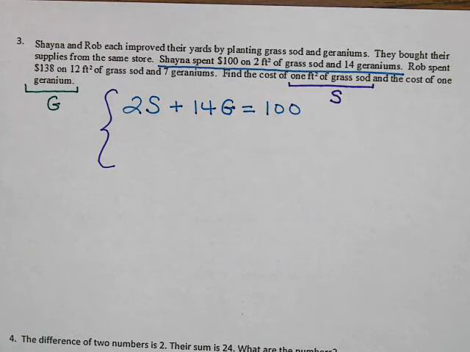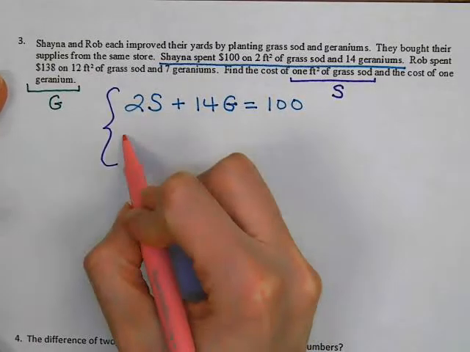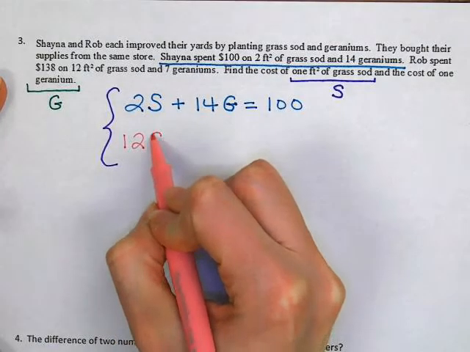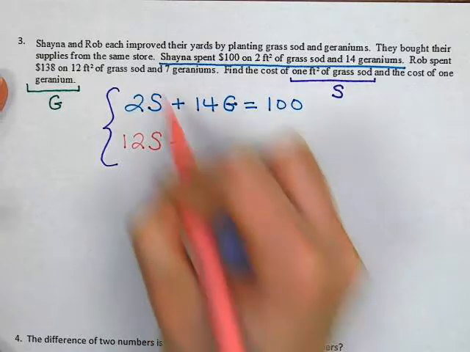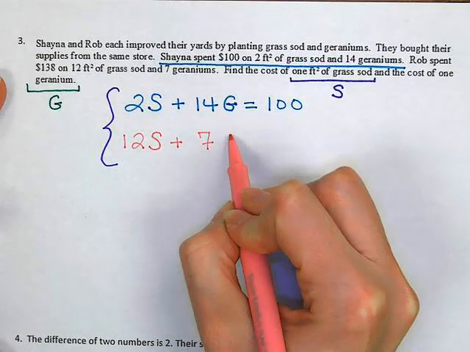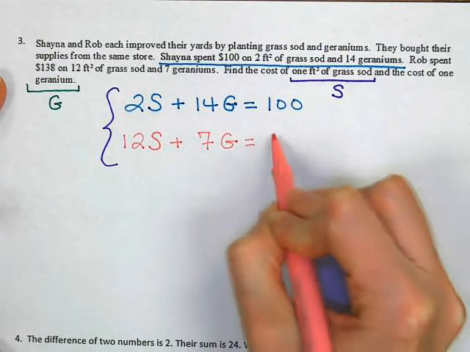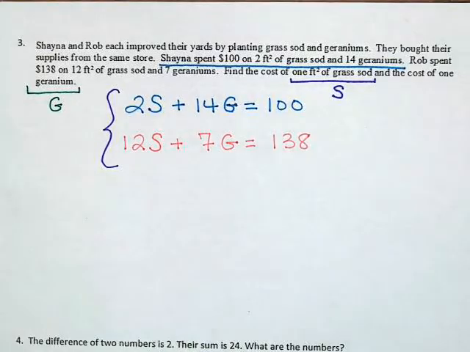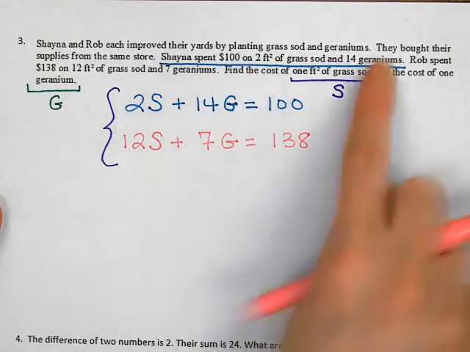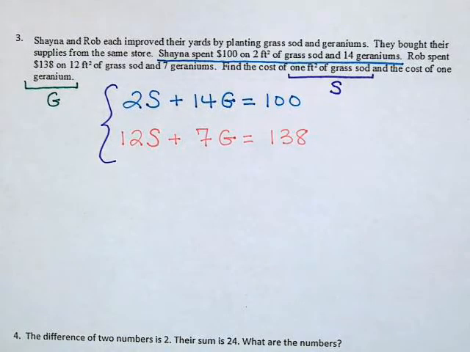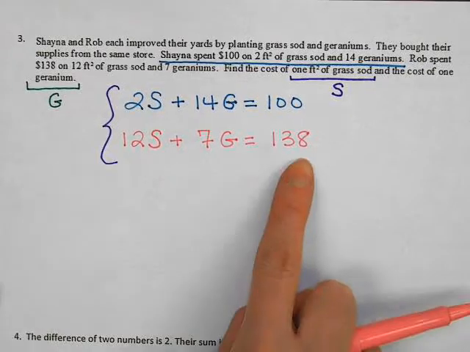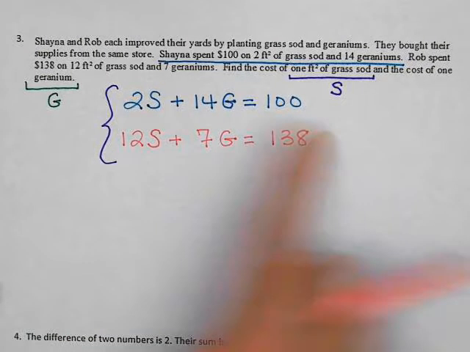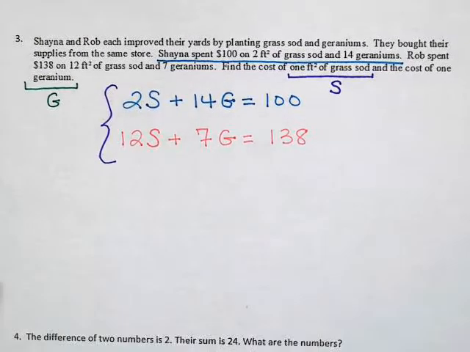Okay, and then let's do Rob next. Rob had 12 square feet of the grass sod, and he had 7 of the geraniums, and his total was $138. It kind of just depends on what the problem says, how to write your equation. I would probably do elimination on this one too. Multiply the top by -6 to get a -12 to cancel with the 12.